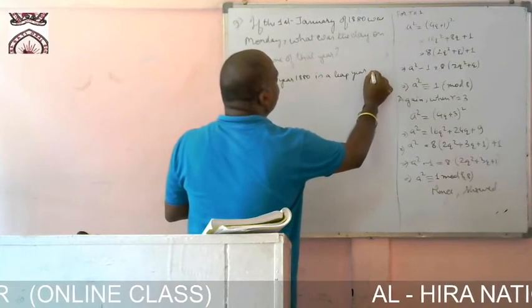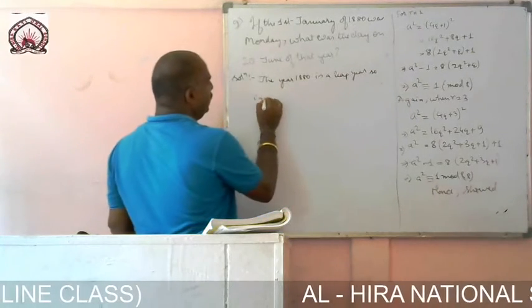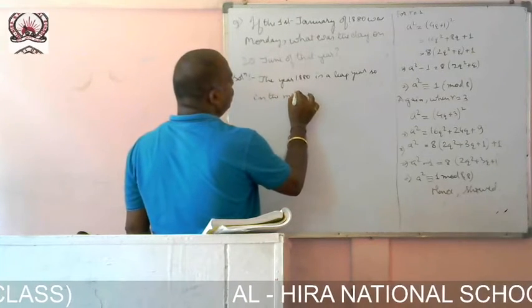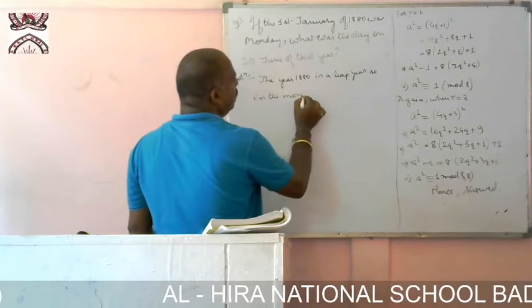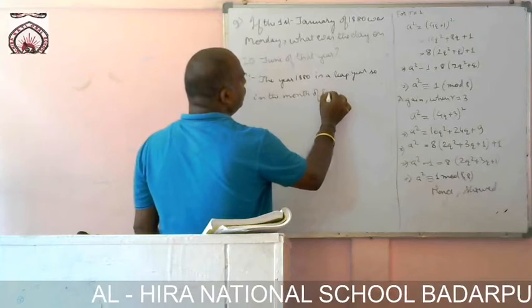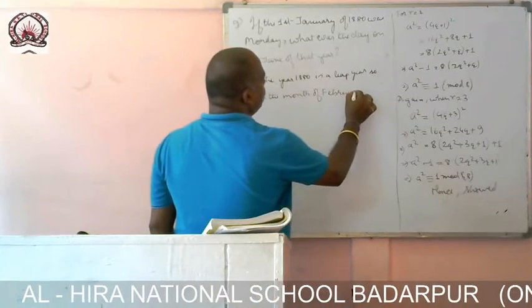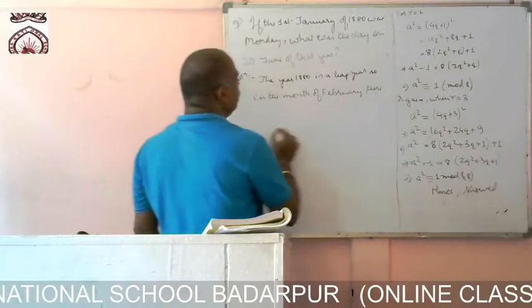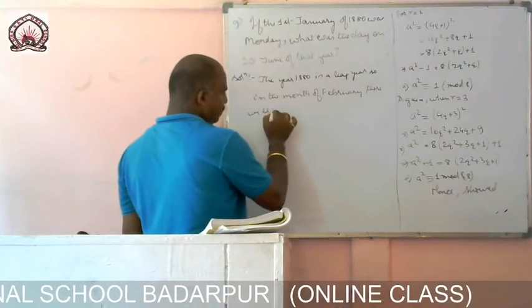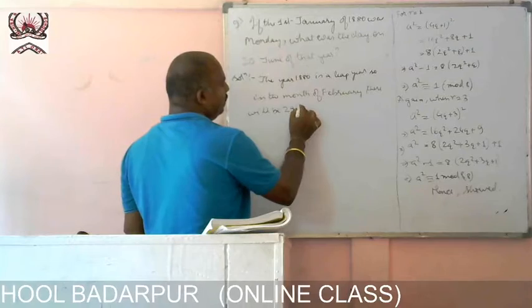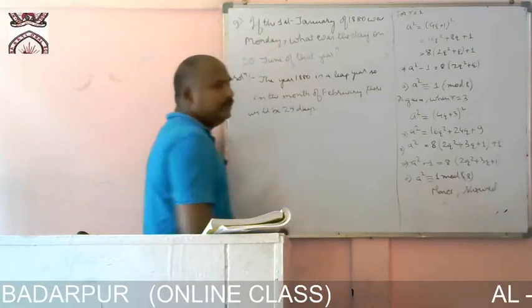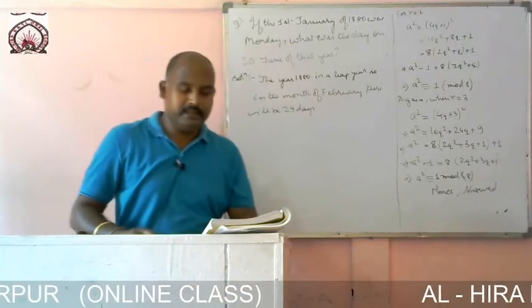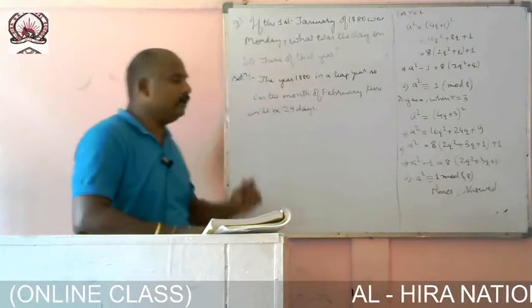So in the month of February, there will be 29 days present. Okay.